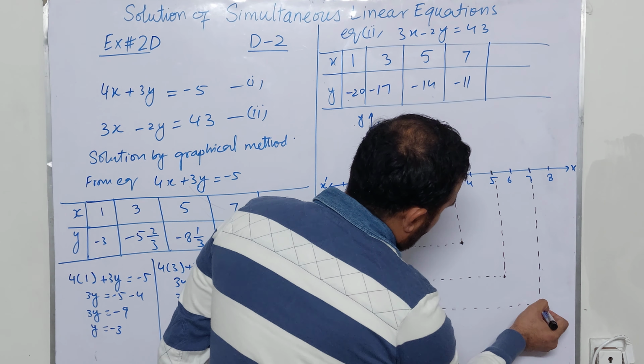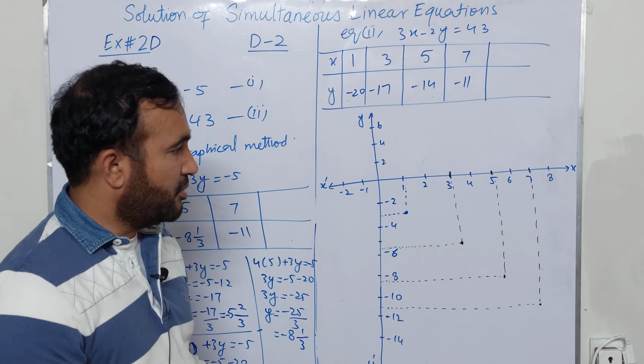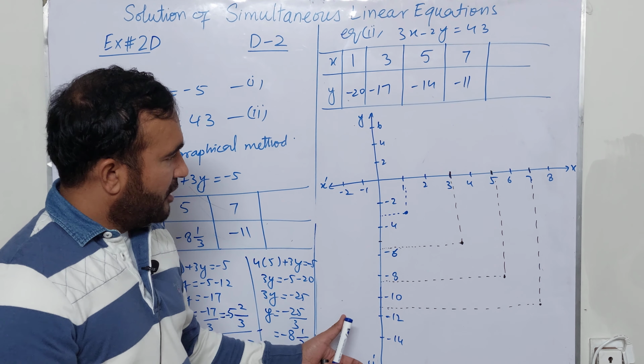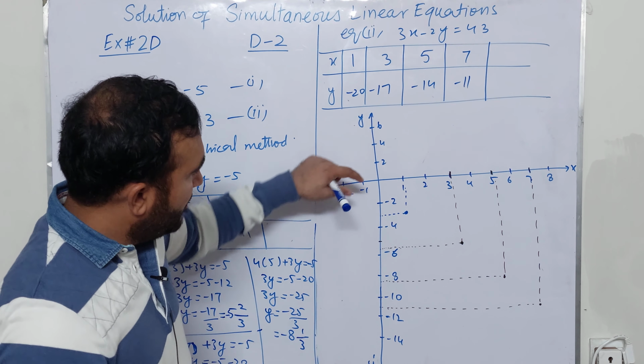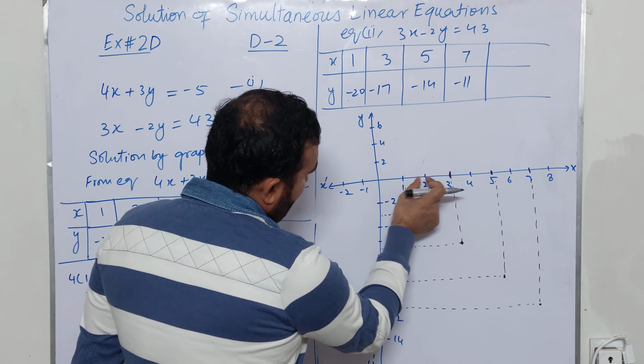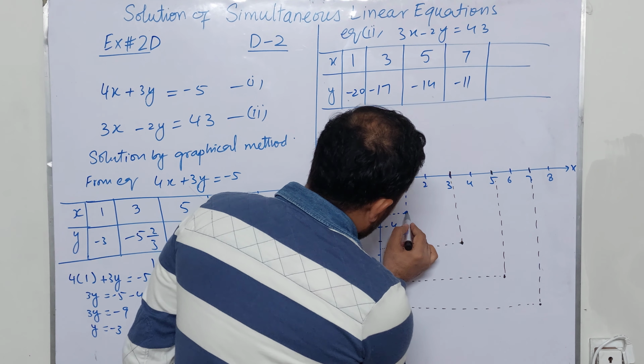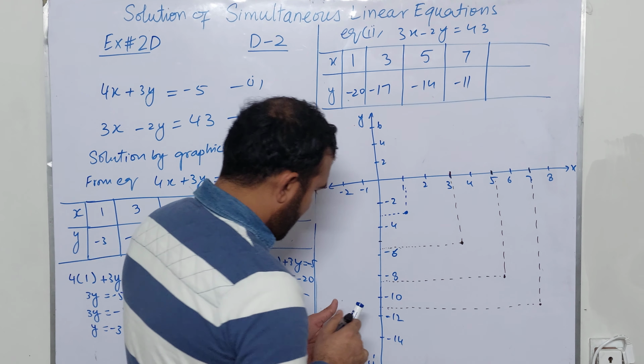Okay, that's how you can draw a graph, but usually you will have graph paper with you, so it will not be a problem. But when you don't have graph paper with you, then you have to make sure that you make these intervals equal to each other. Okay, so you can see over here that this graph is a straight line.